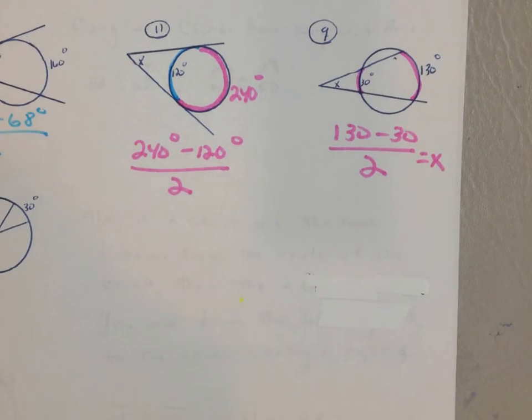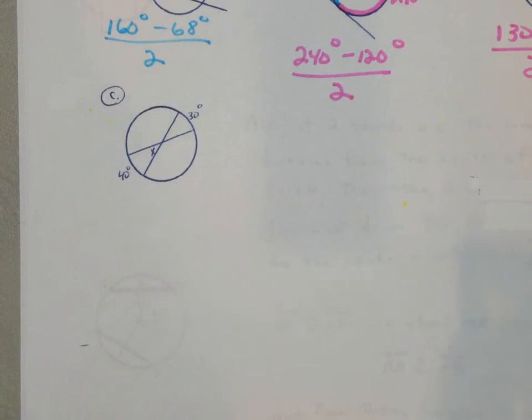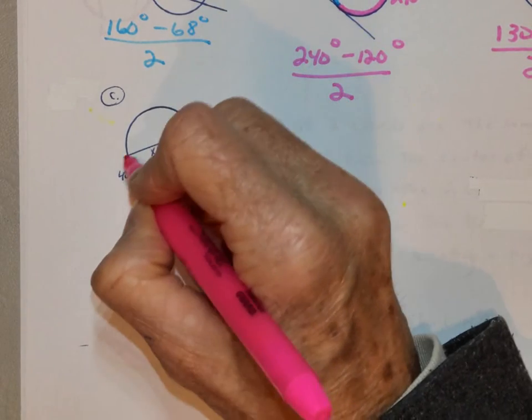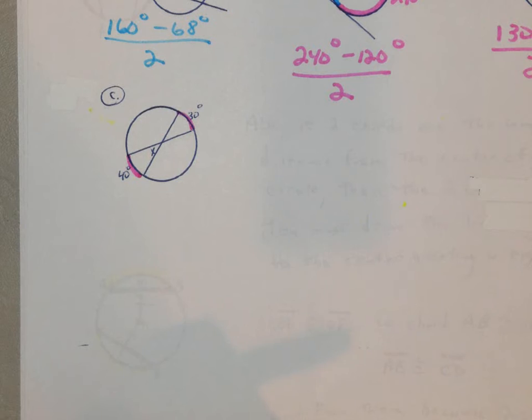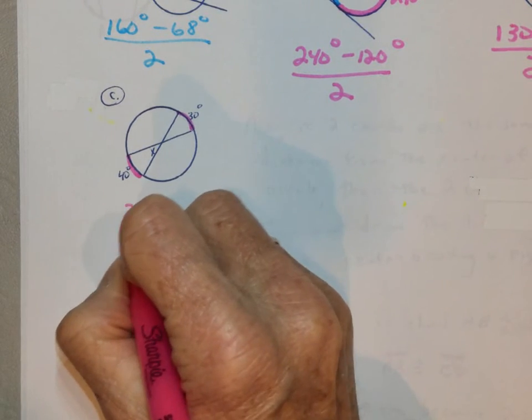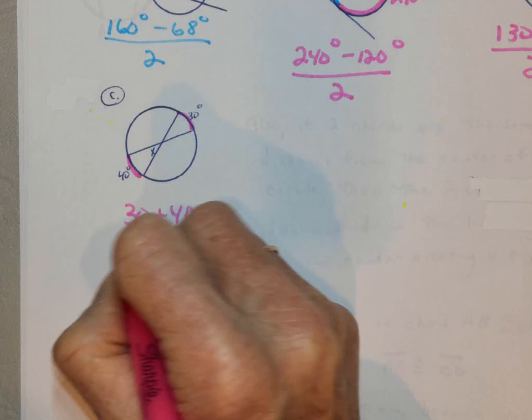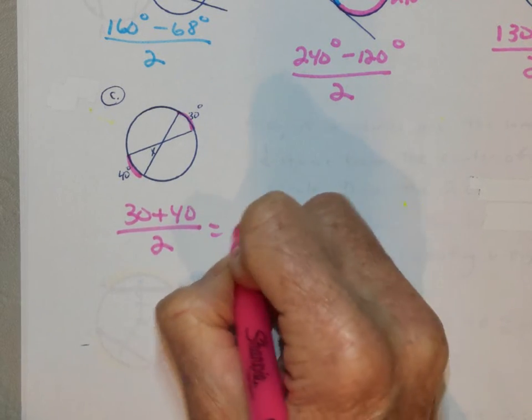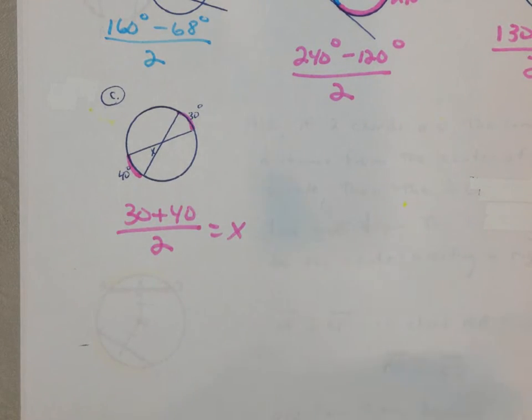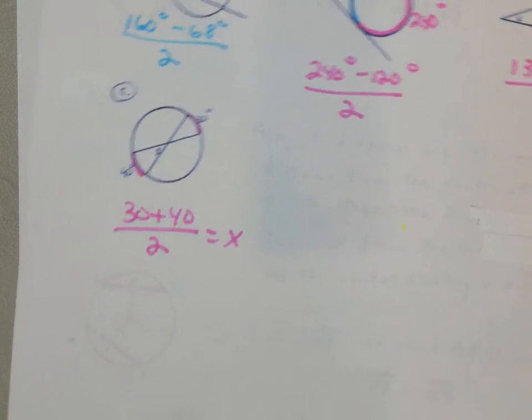And then for this one down here, we're adding, because we have an interior angle made by two secant lines that are inside the circle, so we're going to add the 30 plus the 40, and we divide by 2, and that's going to give us our x. I will leave the math up to you guys for all that.